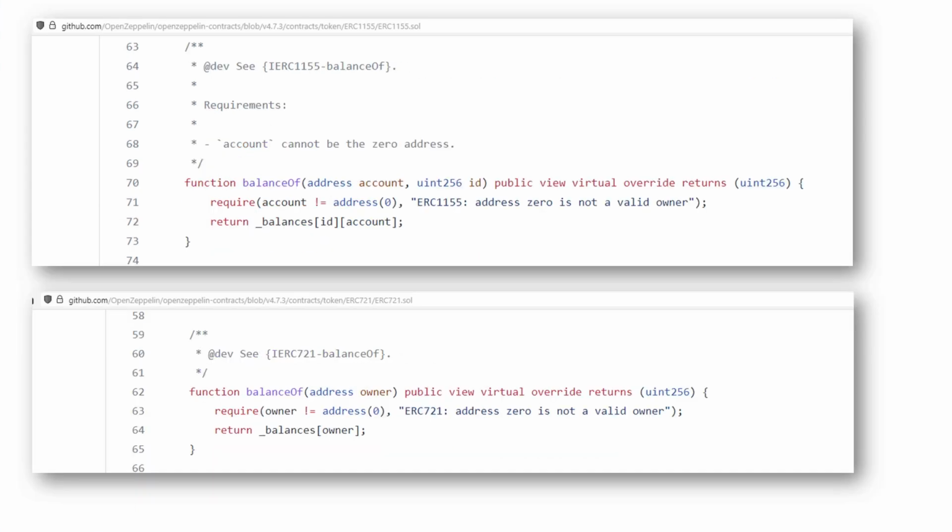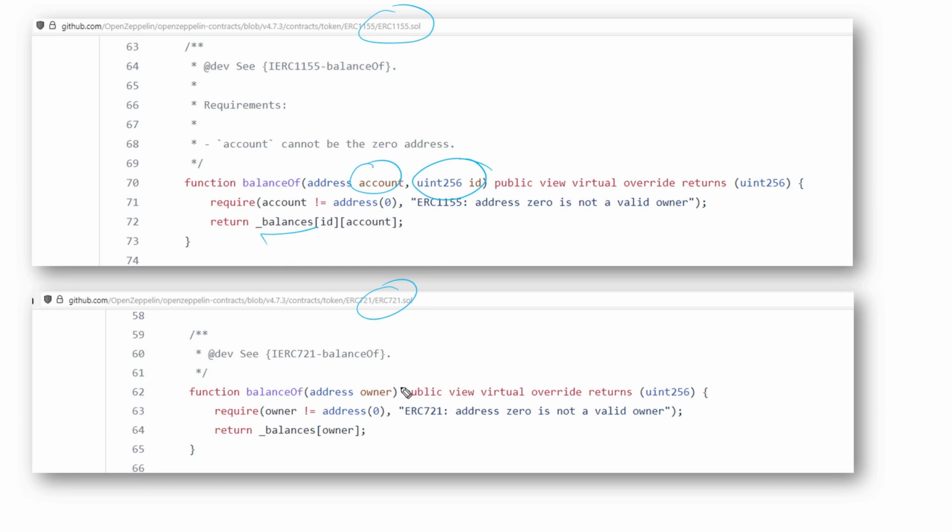And then the last example I wanted to show you is the difference between the balanceOf for the ERC721 token versus the balanceOf for the ERC1155 token. Here you have a balance of a specific account for a specific token ID. So the token ID itself gets a balance.